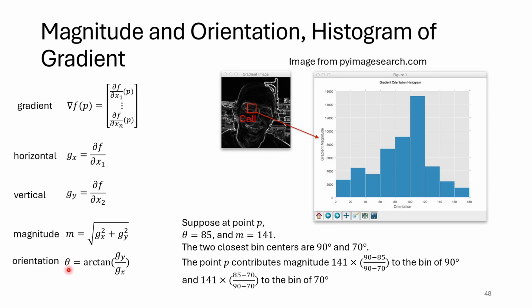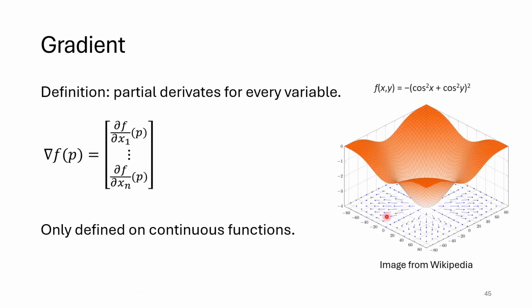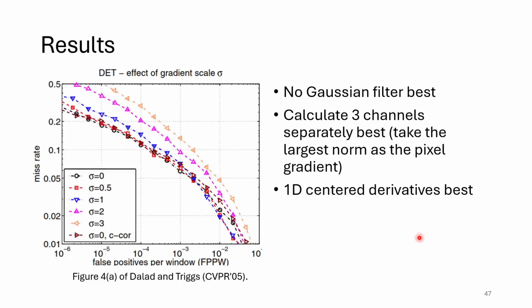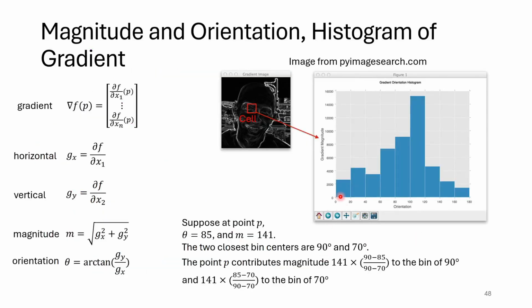Because as we can see here, there are many different directions for a gradient, they can set several bins, for example, from 0 to 20 degrees, from 20 to 40 degrees. And once they have the magnitude and the orientation, they can create the histogram of gradients in terms of a single cell.